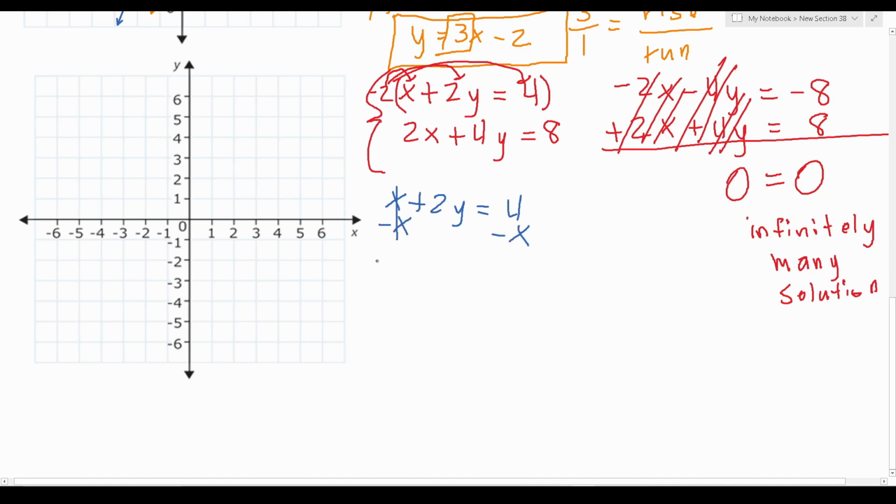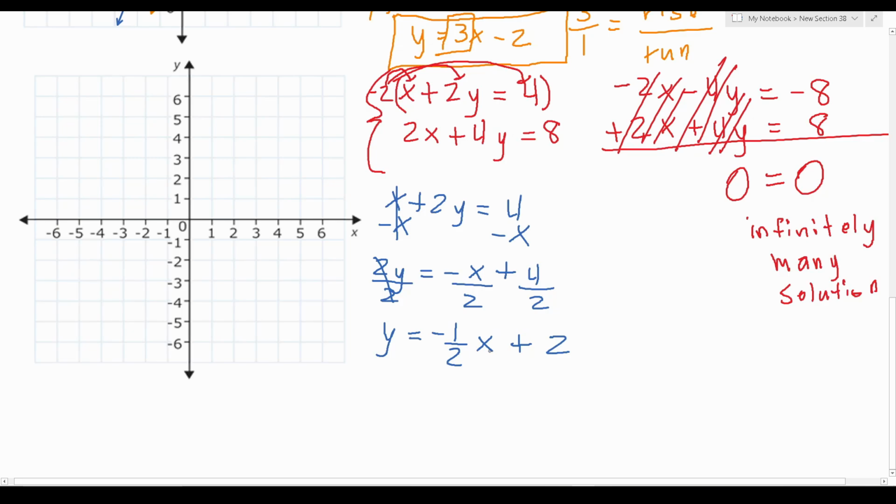This crosses out here, leaving me with 2y equals -x plus 4. And let's divide everything by 2 now. This says y equals -1/2 x plus 4 over 2, which is 2.